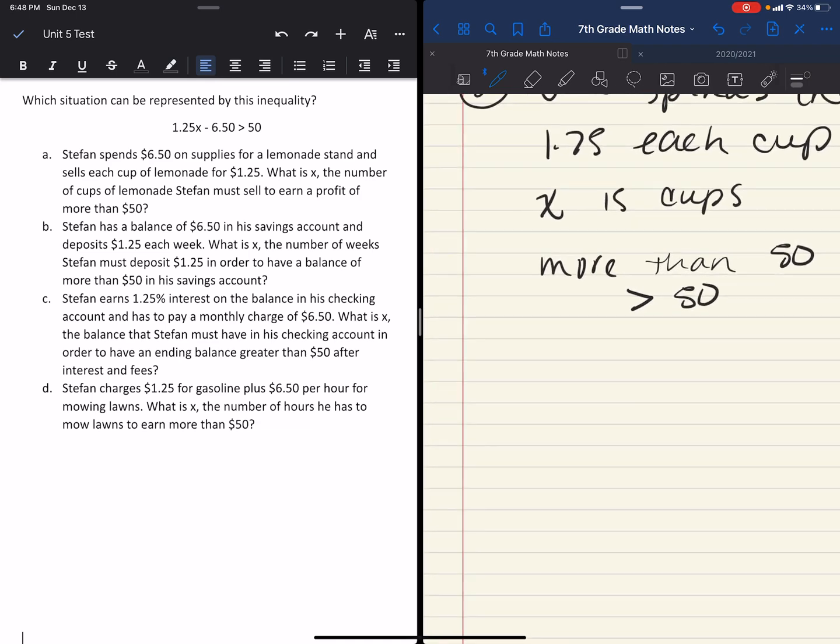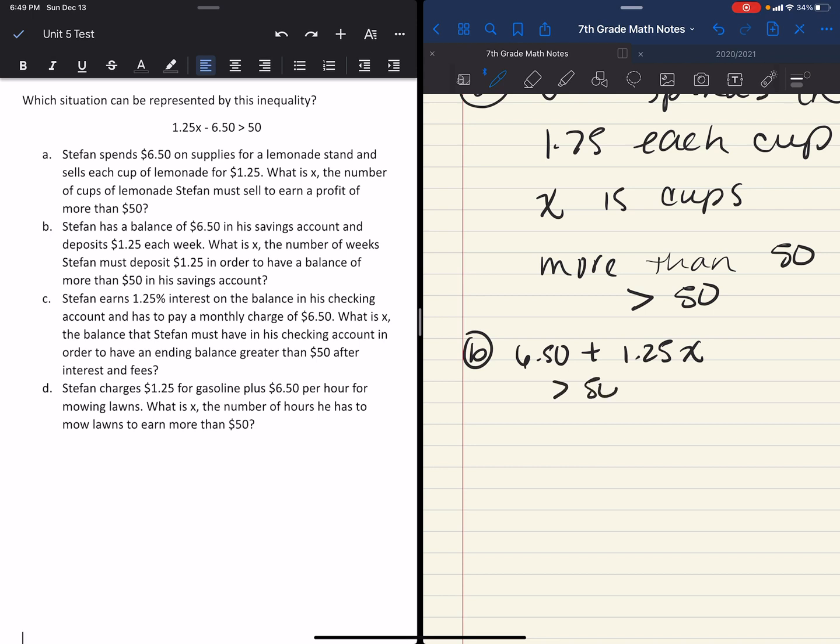So I'm going to zoom in here so I'm not writing so big. Okay, B. Stefan has a balance of $6.50 in a savings account and deposits $1.25 each week. Well, I already know that that's not right, because the $6.50 would be positive, and in our answer choice, the $6.50 has to be negative. What is X, the number of weeks? Stefan must deposit $1.25 in order to have a balance of more than 50.